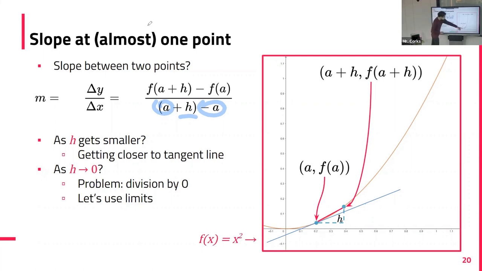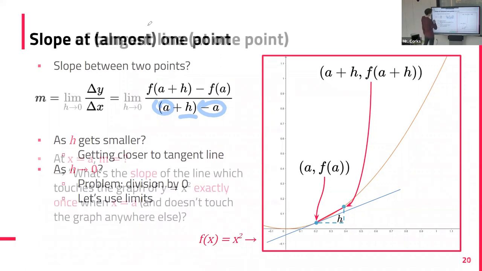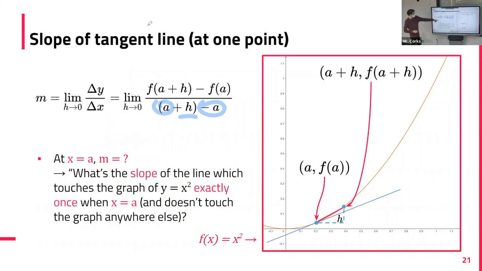And then we can maybe get to this point where h actually becomes 0, but we don't have this math problem. And then our red line will be a perfect estimate for that blue line there. So we're just going to take these two slope formulas, and add this little limit thing in front. So limit as h approaches 0. We can't do it directly when h is equal to 0, but we'll just do this limit thing.